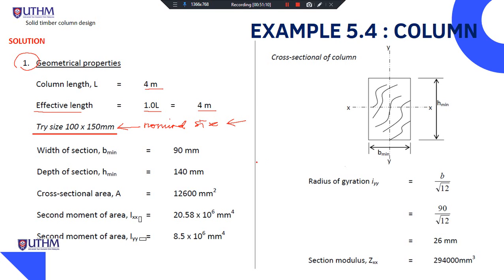In this example, it uses dressed sawn timber, so refer to table B4, dressed sawn timber. The minimum size is 90 millimeters for the width of the section, and the depth of the section is equal to 140.